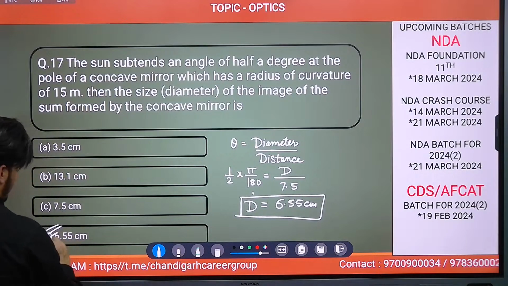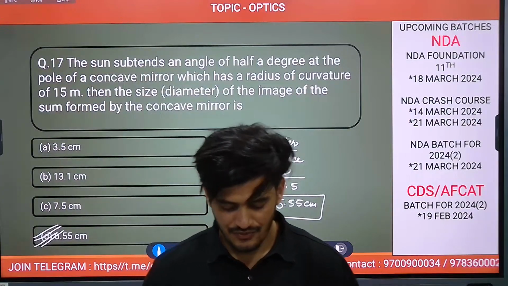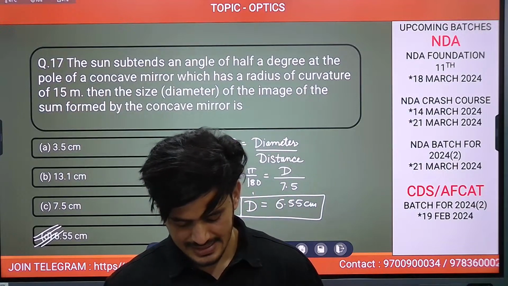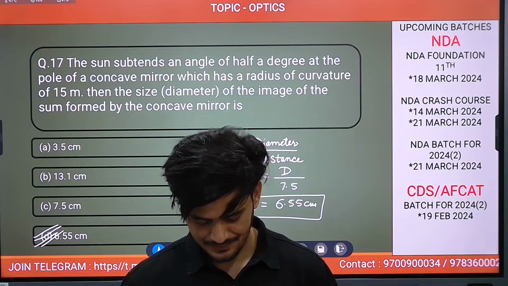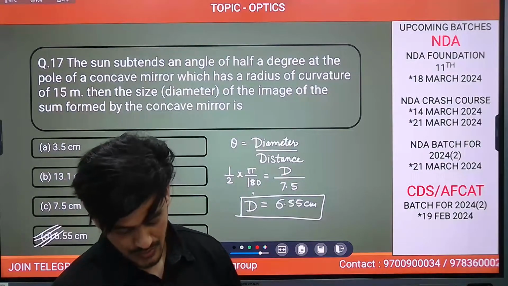Yes, this is the answer. 6.55 सेंटीमीटर. ठीक है जी. चलिए, let's move to the next one.